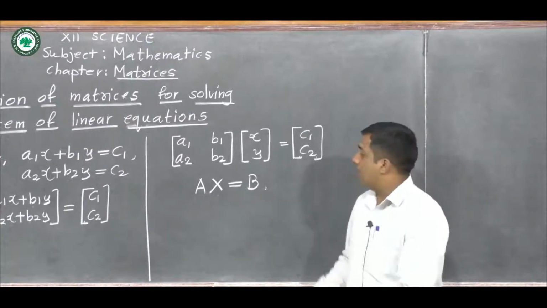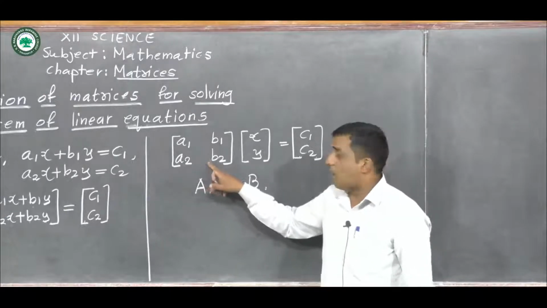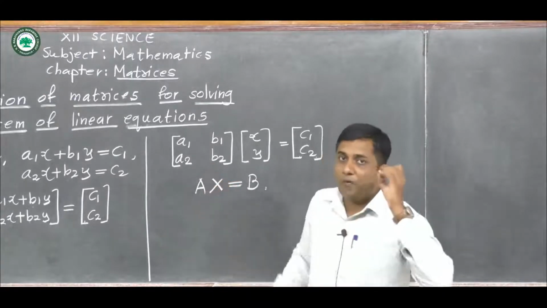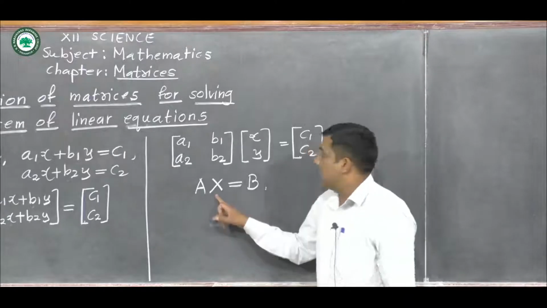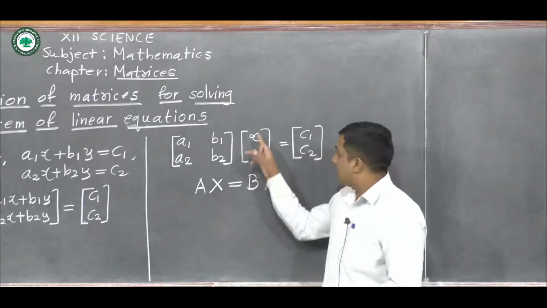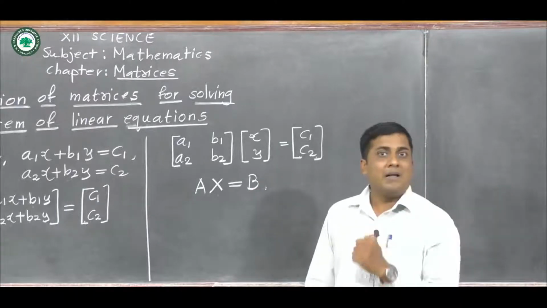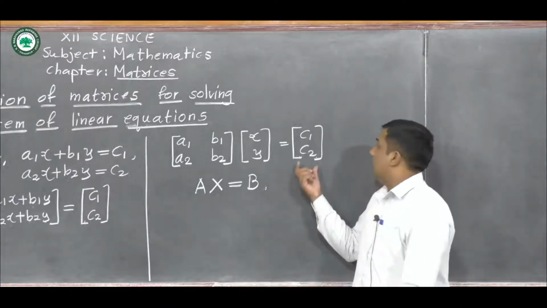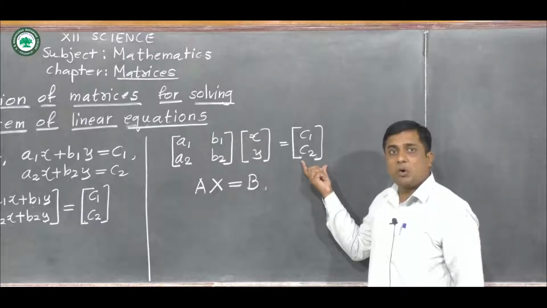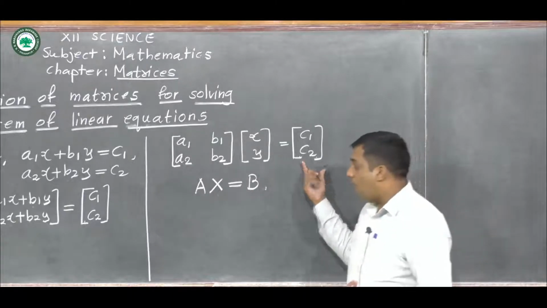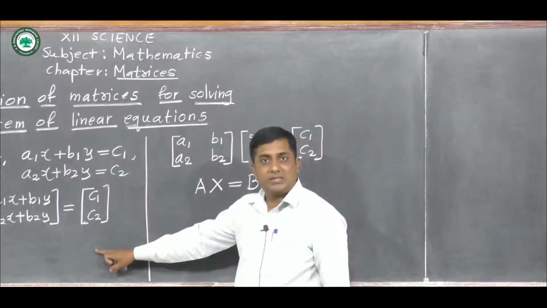Try to remember: A is the matrix of the coefficients of the variables. X is the column matrix for the variables. B is also a column matrix and is for the constants.